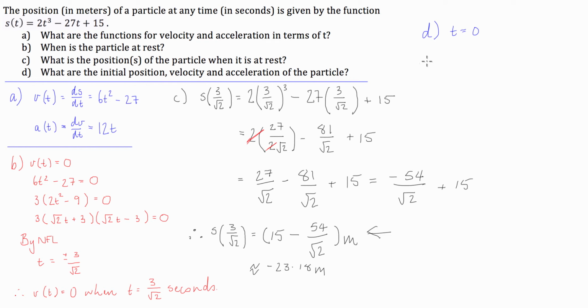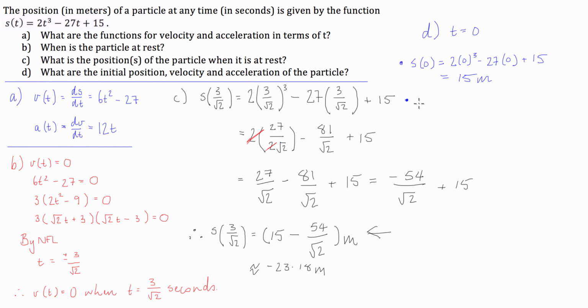So what we're looking for is s of 0 for the initial position. So s of 0 is equal to 2 times 0 cubed minus 27 times 0 plus 15. So that's going to be equal to 0 minus 0 plus 15. So 15 meters. So that's the first one.